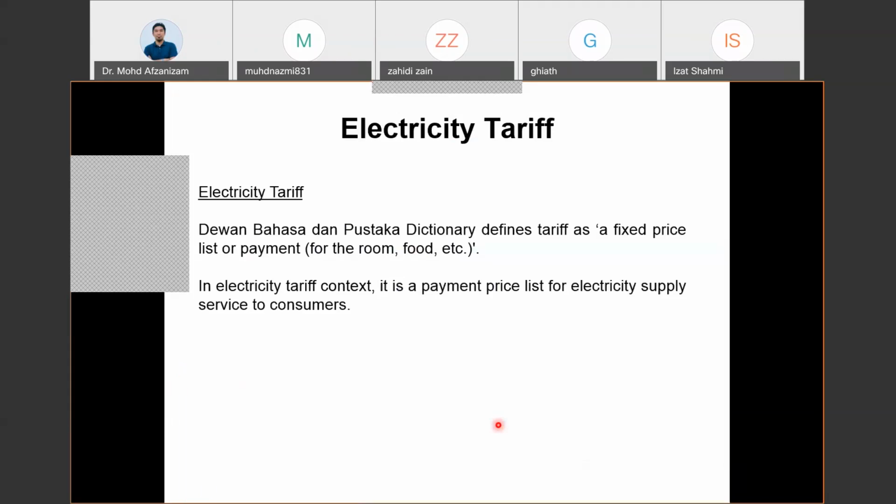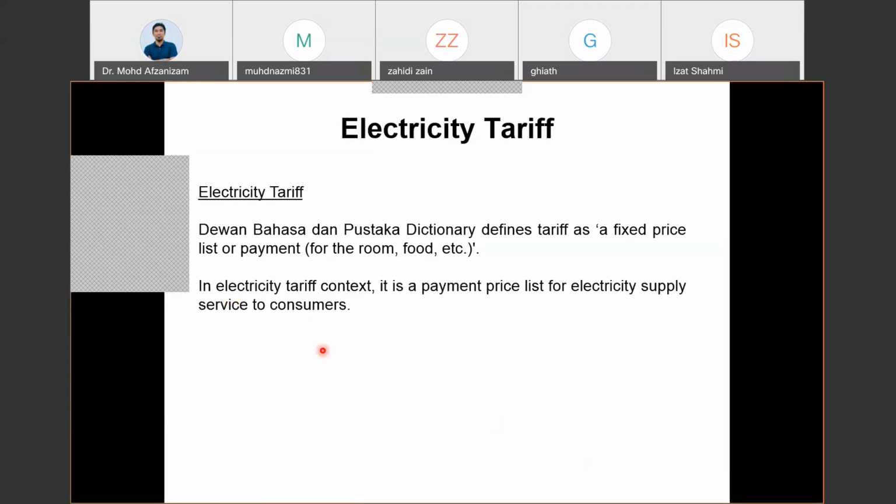Okay, electricity tariff. Dewan Bahasa dan Pustaka Dictionary defines tariff as a fixed price list of payment. So in electricity, the tariff is the payment price list for electricity supply service to customers.